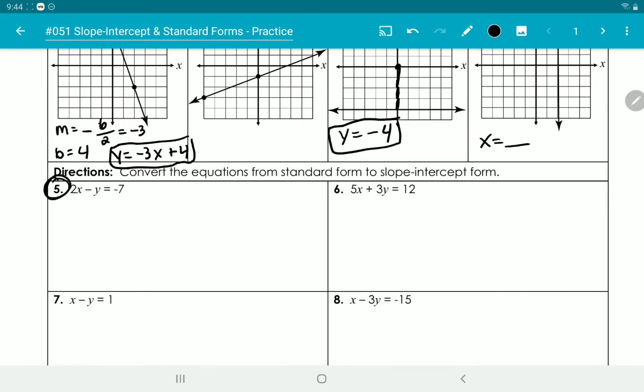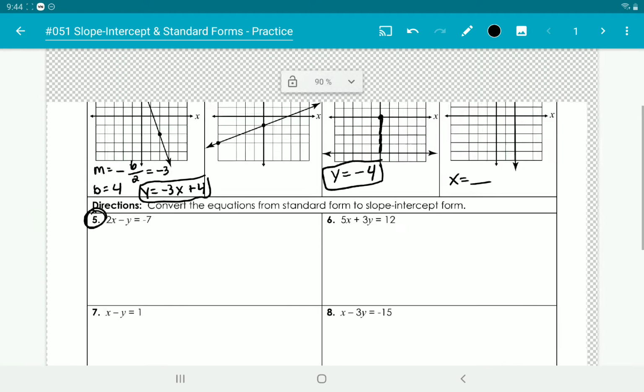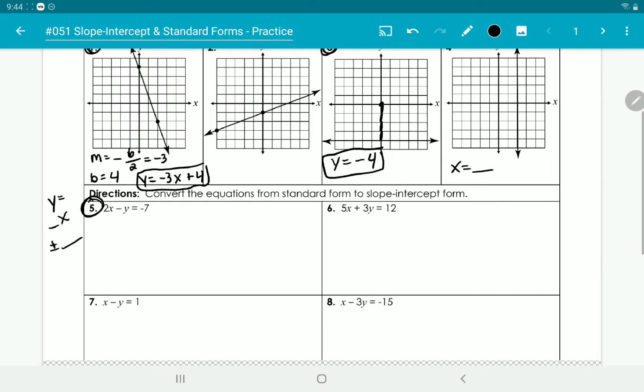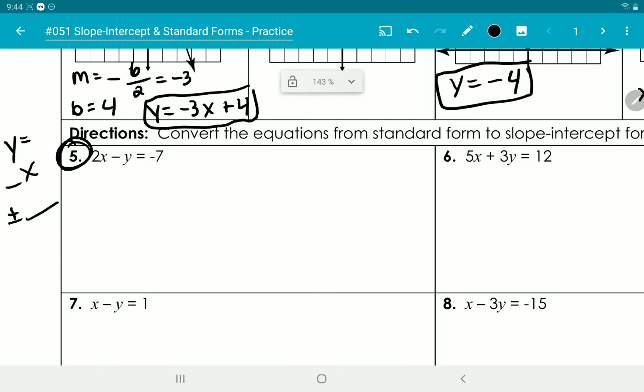Okay? So now we're going to convert these equations from standard form into slope-intercept form. So again, we're looking for y equals something times x plus or minus some other number. So we have to solve for y. Get the x on the other side first. We'll subtract 2x. That's going to cancel, giving us negative y equals, I'm going to do the 2x first, negative 2x.